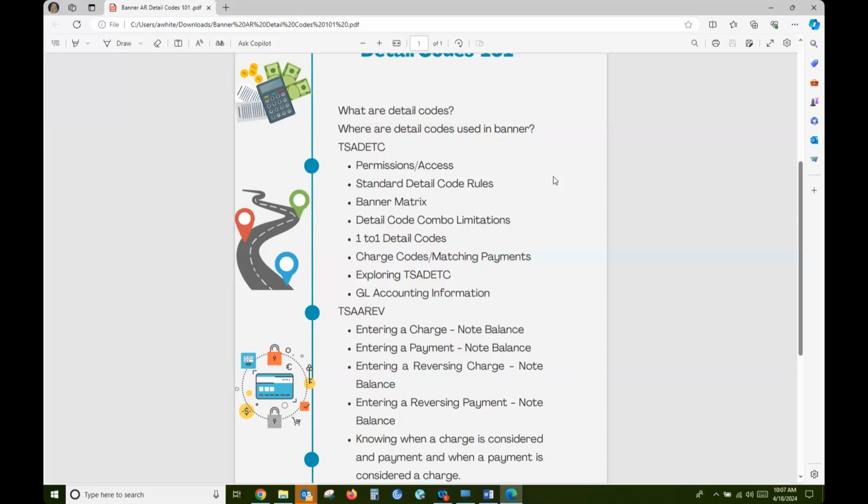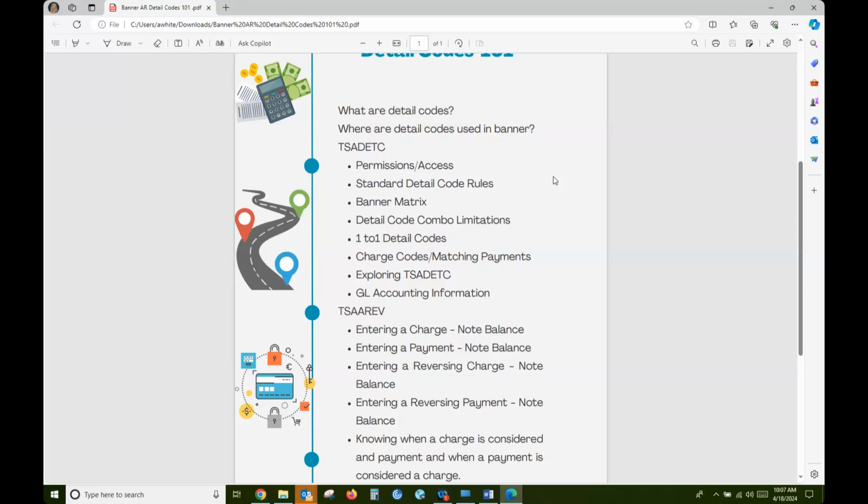But when you enter information into TSAAREV, it goes into a table called TBRACCD. And TBRACCD is used then to bounce off of other tables, such as TSADETL, TGICCD, any of those tables or forms that have student account information.